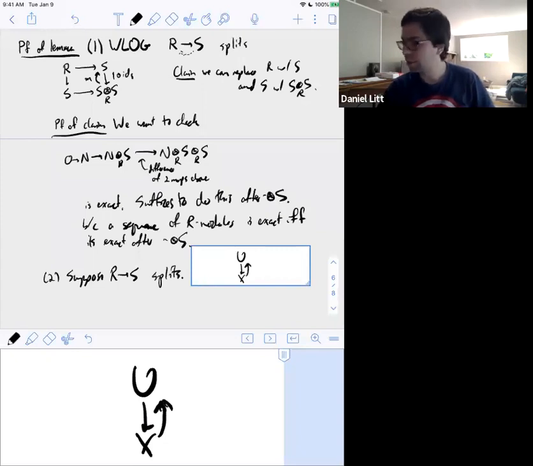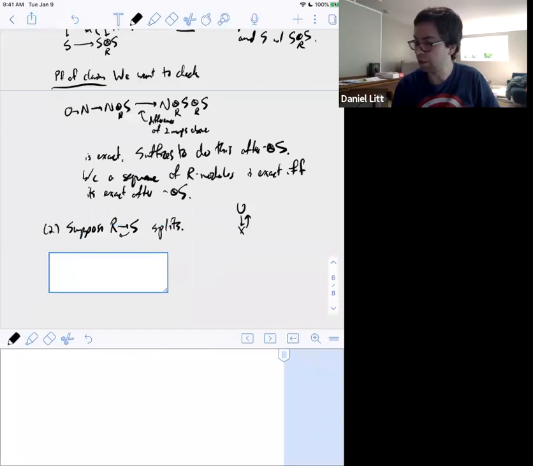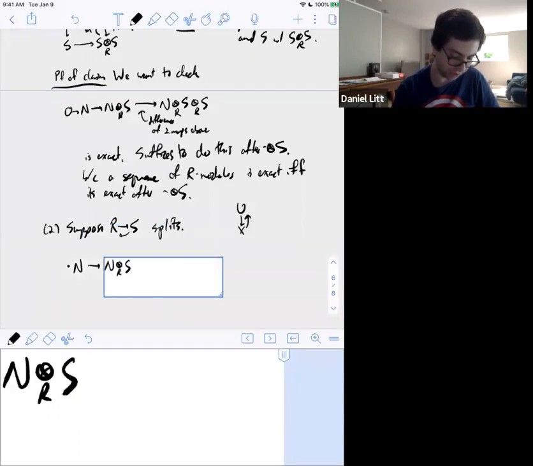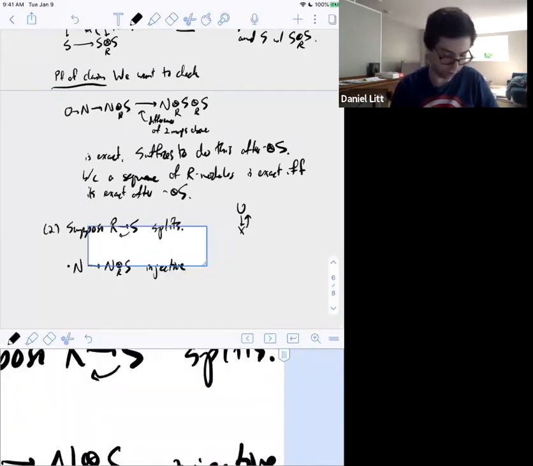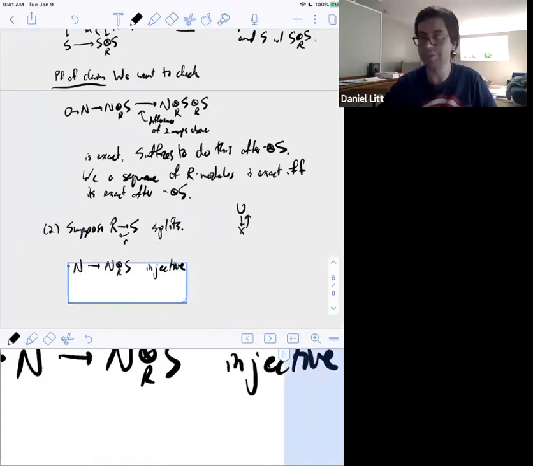All right, so let's do it. Suppose we have a splitting, so that's a map like this. First of all, we want to check that n to n tensored over R with S is injective. Maybe I'll call the splitting R. Can anyone tell me why this is the case?